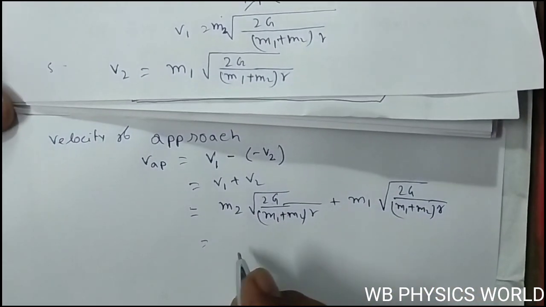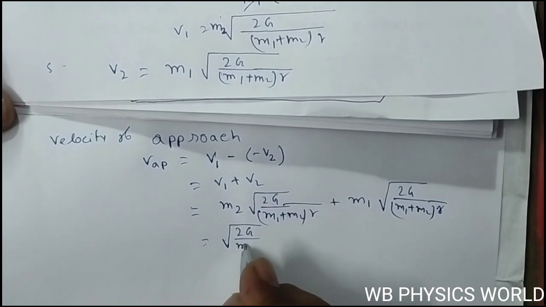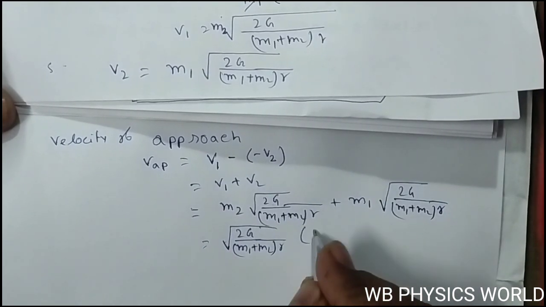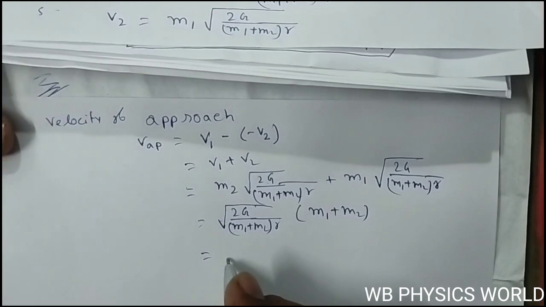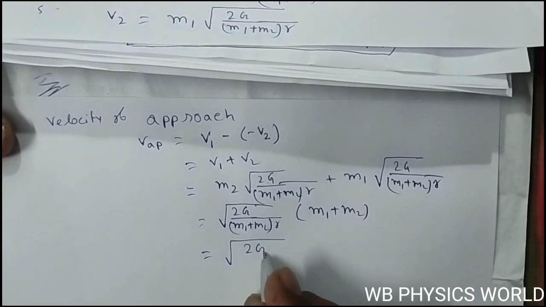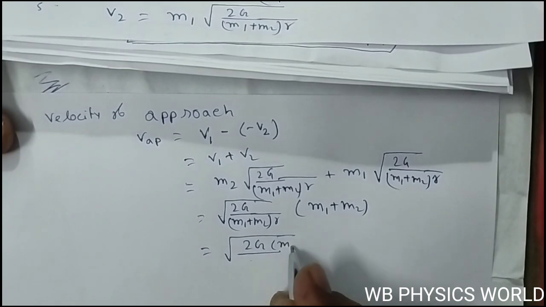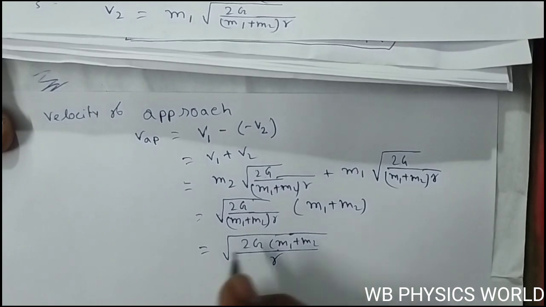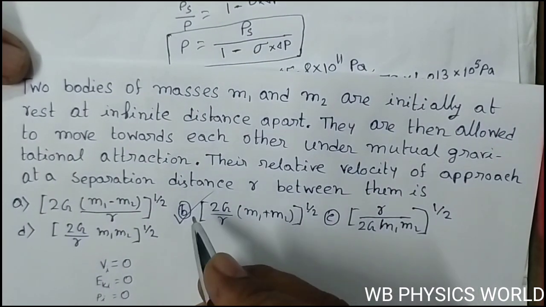So this is root over 2G by (m1 plus m2) r times (m1 plus m2), so root over 2G (m1 plus m2) by r is the v approach. So option B is correct.